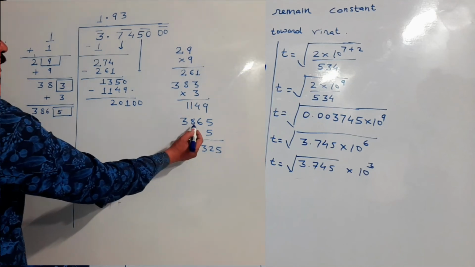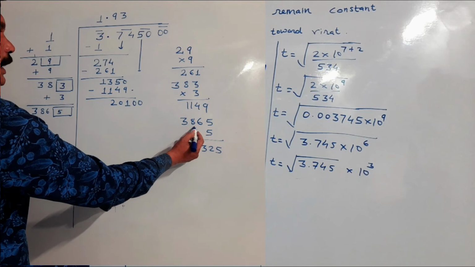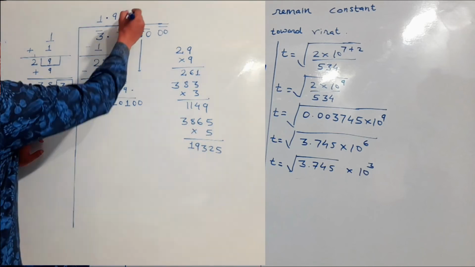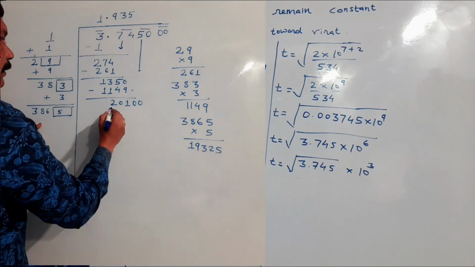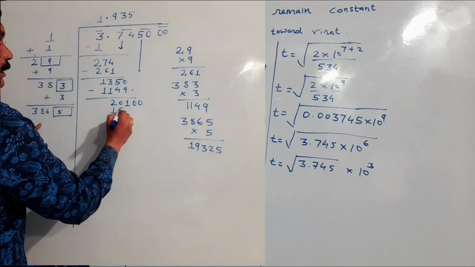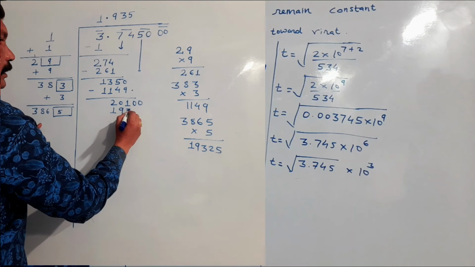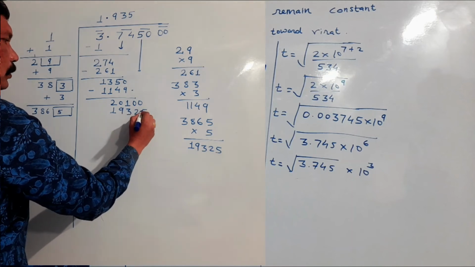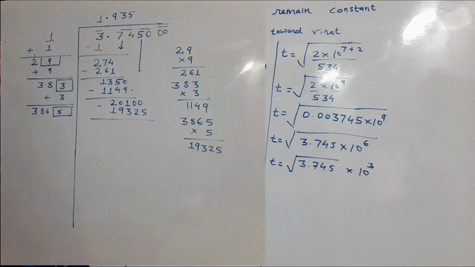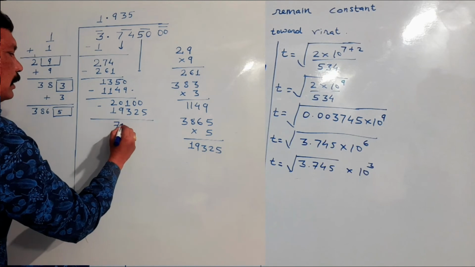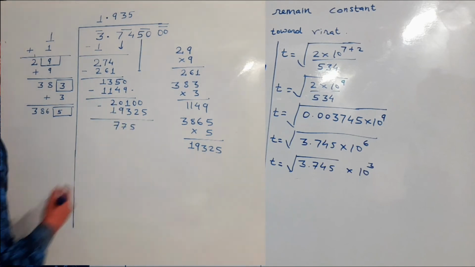3, 8, 6, 5 into 5, we get 1, 9, 3, 2, 5. If we subtract, my dear student, then here we will get 7, 7, 5.